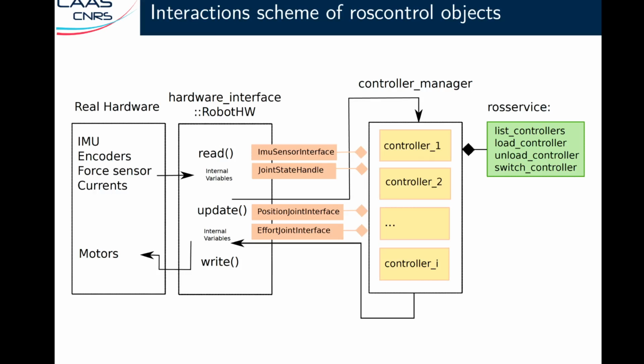So how ROS control works: it implements a hardware interface for the specific robot, so here TALOS, and all the real hardware access, from the simulator to the IMU and encoders for sensor readings, are hidden by the method read, which will call the sensor and feed the internal variables of this object.